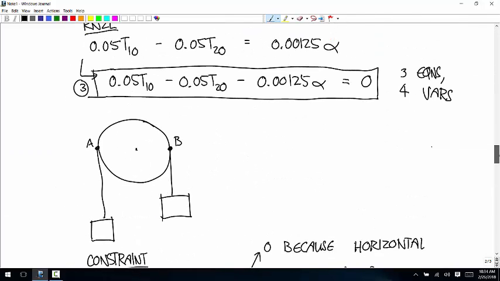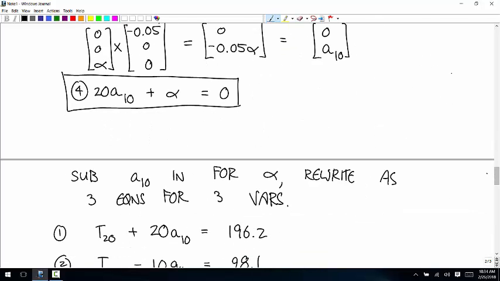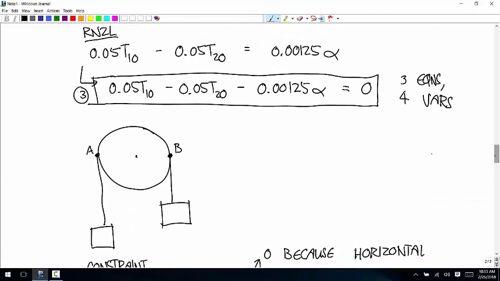And the third one, we know from equation 4 that alpha is equal to negative 20 A10. So what's 20 times 0.00125? 0.025.